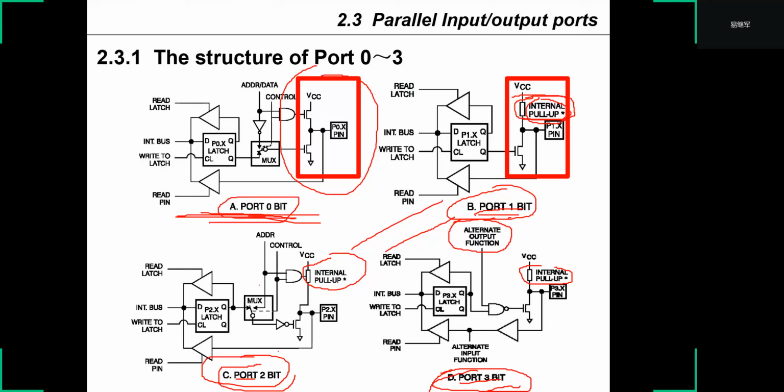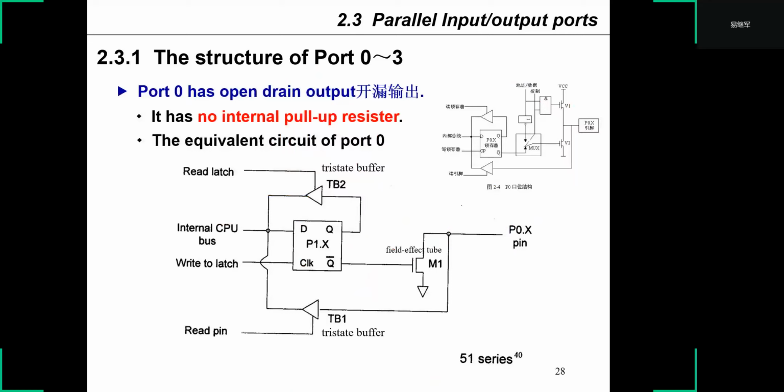So when we use port 0, we need to add a pull-up resistor. It has no internal pull-up resistor.